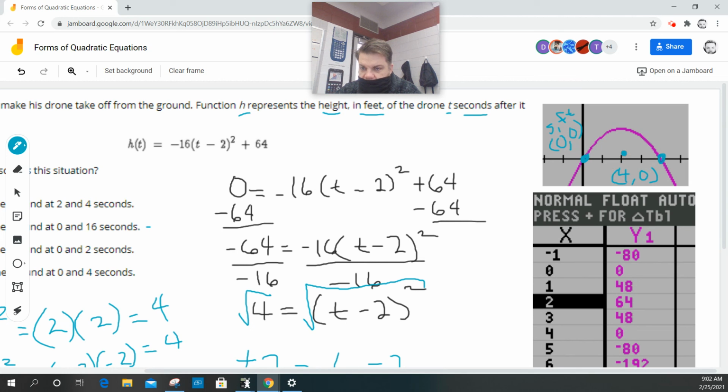Now remember, that means at 4 seconds, it's 0 feet. At 2 seconds, it reaches its maximum height of 64 feet, right? So how do I know it's a max? Well, that's the vertex, okay?